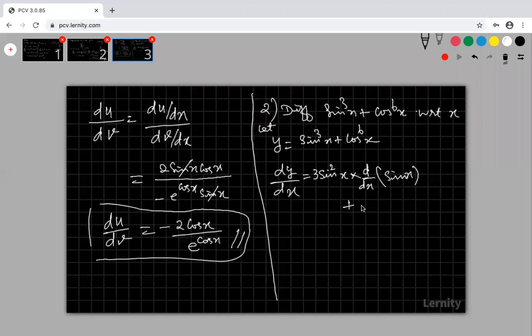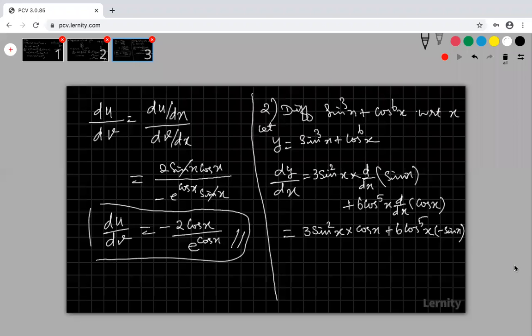Plus this is 6 cos power 5x and dy by dx of cos x. So the answer is 3 sin square x, and the differentiation of sin x is cos x, plus 6 cos power 5x. The derivative of cos x is minus sin x.